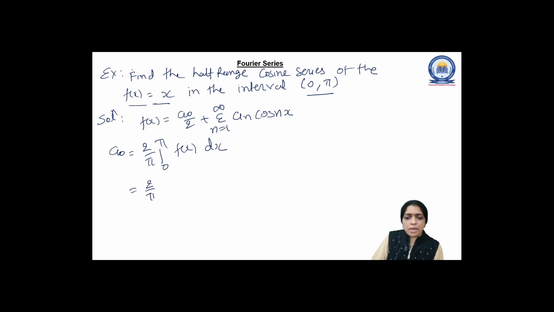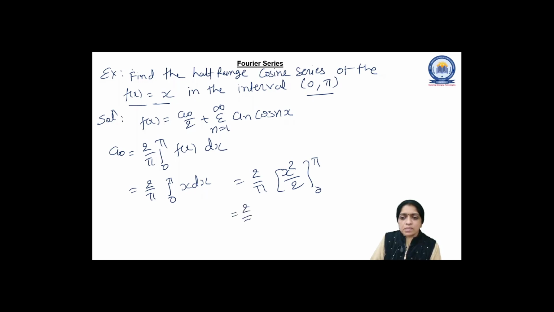Our given function f of x is x, and the integration of x is x square by 2, with limits 0 to pi. After substituting the upper limit, we have pi square by 2 minus 0. After simplification, 2 will be cancelled, 1 pi will be cancelled, and the value of a0 is pi.